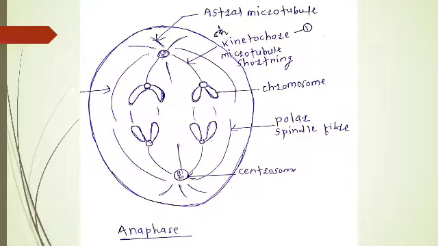You can see the centrosomes have completely moved towards the two opposite poles. Then the sister chromatids shown over here have their centromeres bound with the kinetochore microtubules. So all these events you can see in this figure.